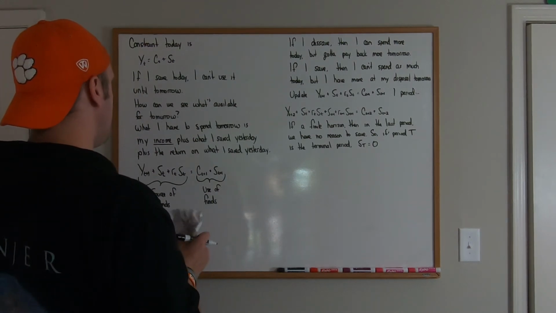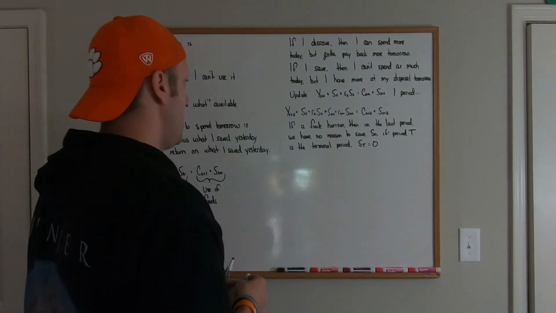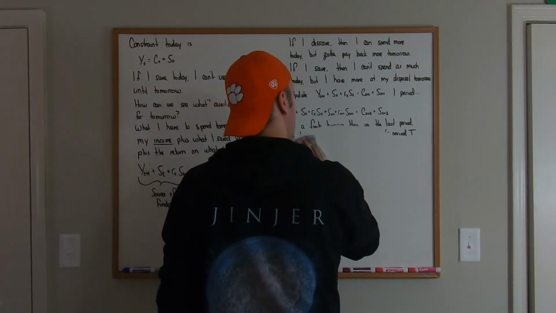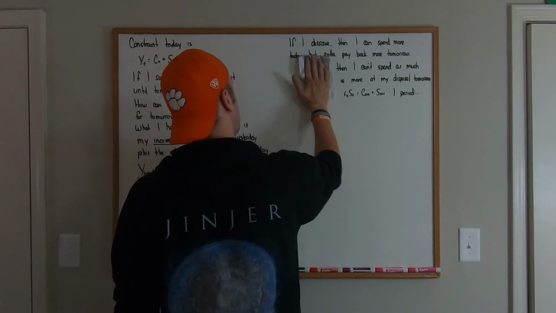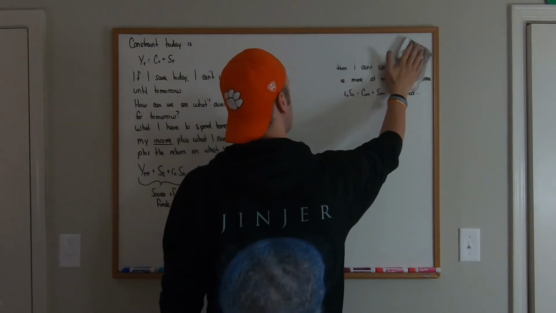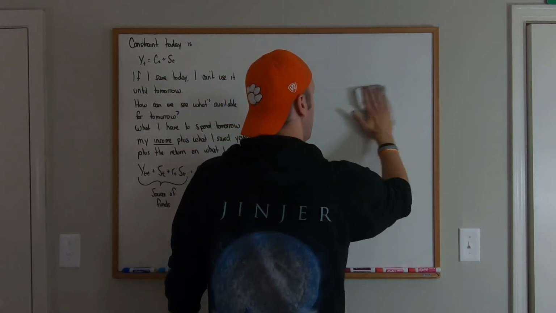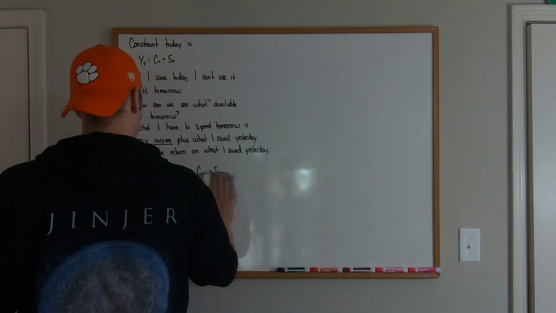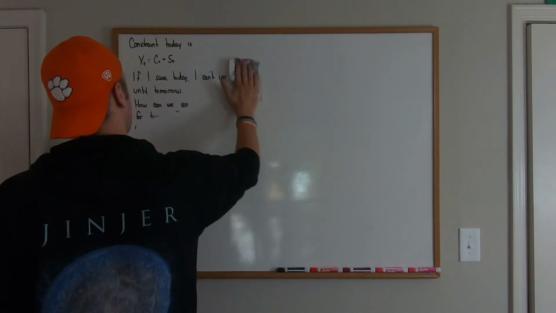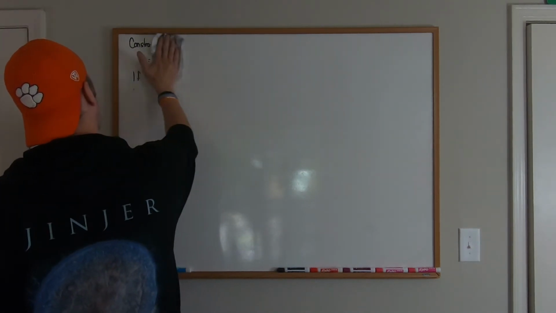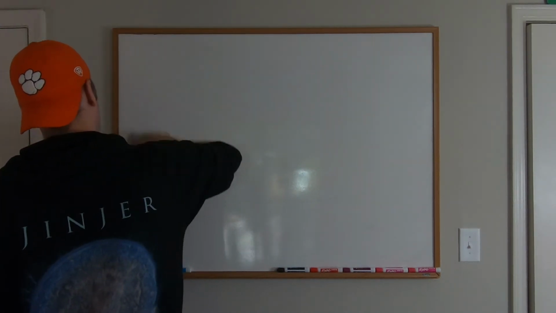So let's erase this again. And I'll show you two little things. I'll make one assumption about the time horizon, make it easy. And then I'll show you a way to write savings plus the return on savings in a more compact way, something that's a little bit easier.